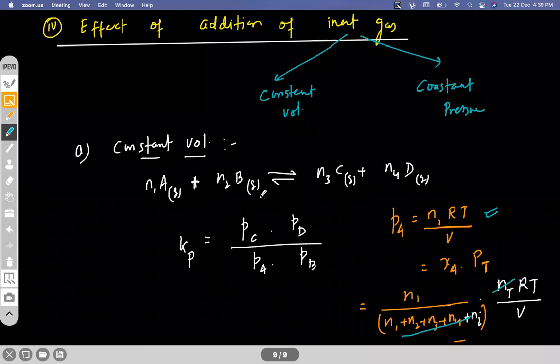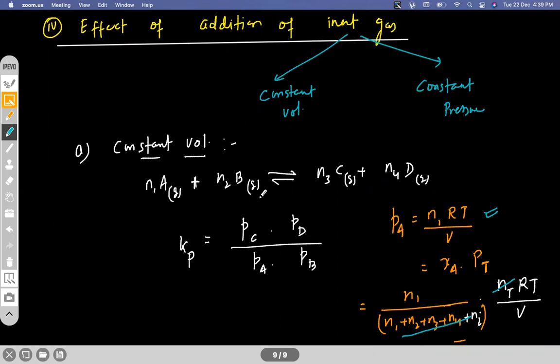Addition of inert gas at constant volume has no effect over here. Tell me, all of you understood this? So write down this statement. First of all, copy this down and then write the statement.